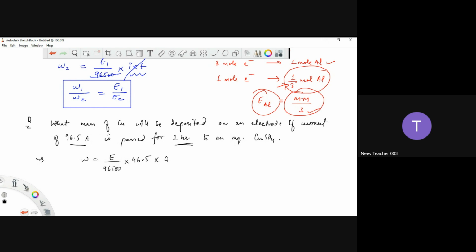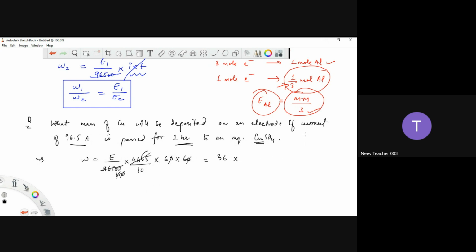So 1 hour means 60 minutes into 60 seconds. If I cancel this, it becomes 10 and that becomes 100. But what is the equivalent weight?